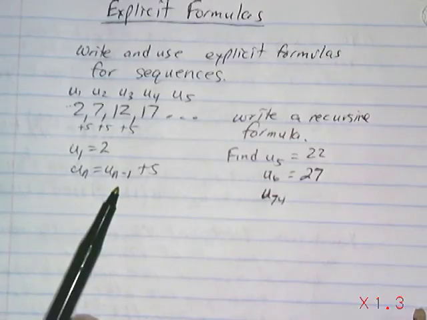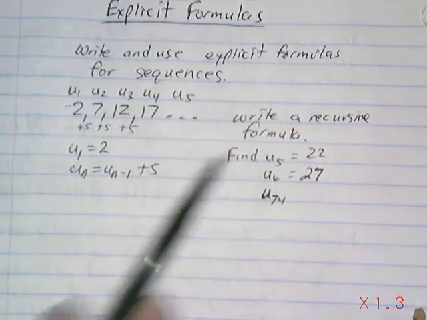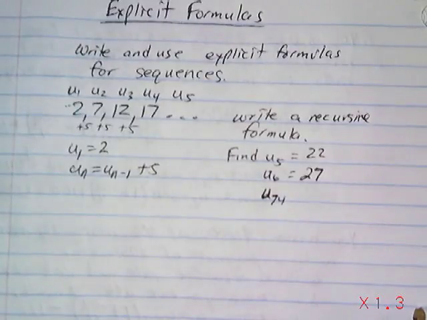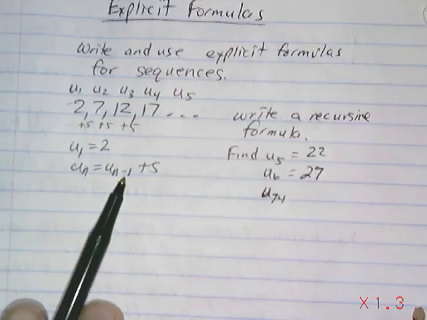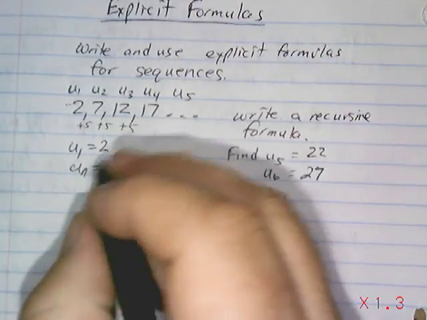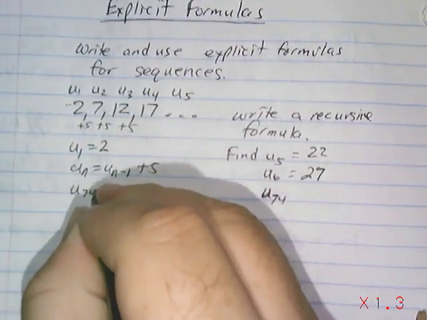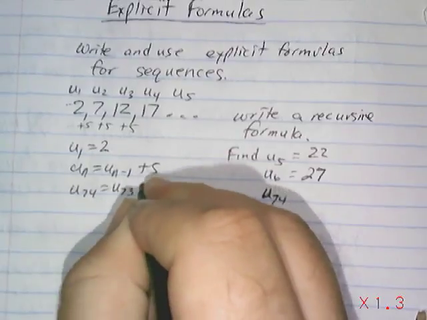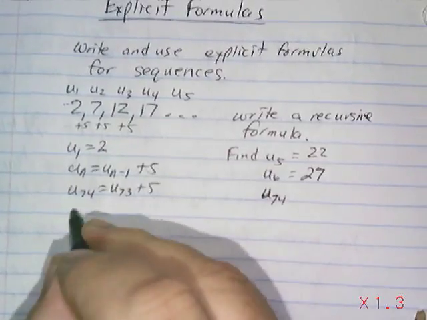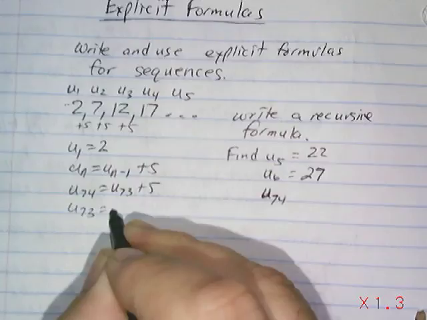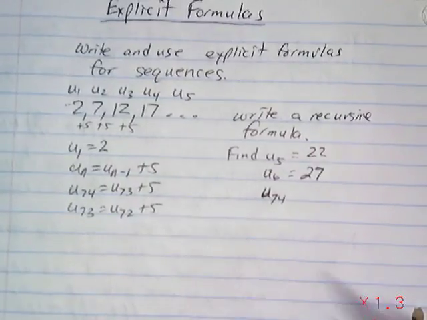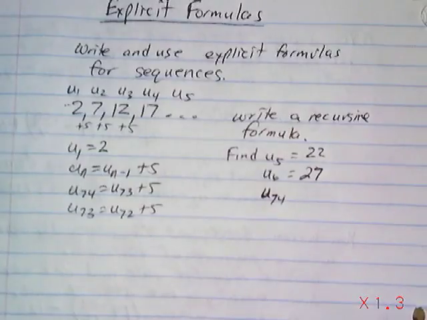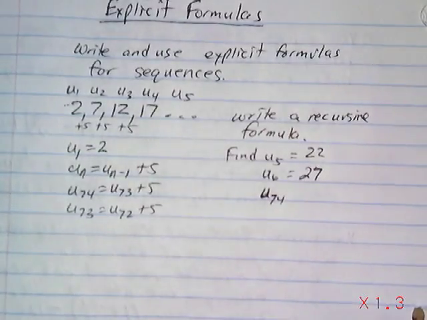Let's think about what we would have to do with recursion to get from u sub 1, which we know is 2, all the way to u sub 74. We have to add 5, and then add 5 again, and keep adding 5 until we get to u sub 74.